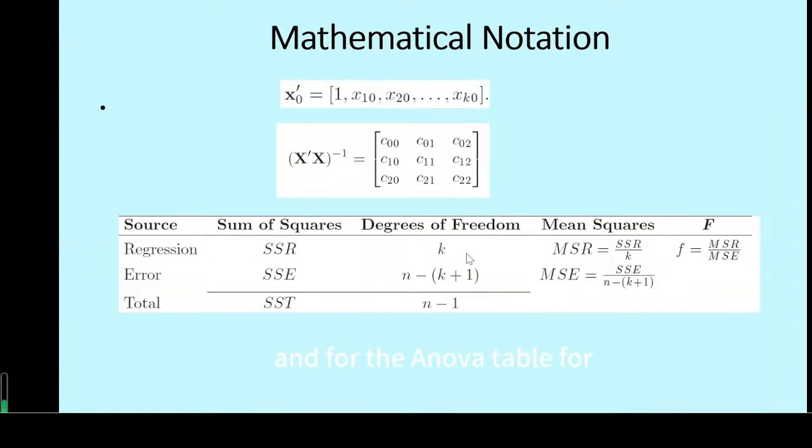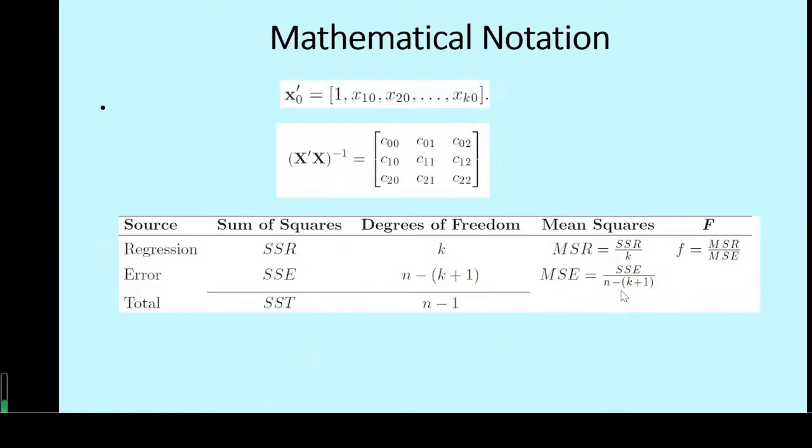For the ANOVA table of a linear or multiple regression model, this is the SSR, which is the variance explained by the model. This is SST, the total variance of the response variable. The difference of these two is called SSE, the sum of squares of the error terms.